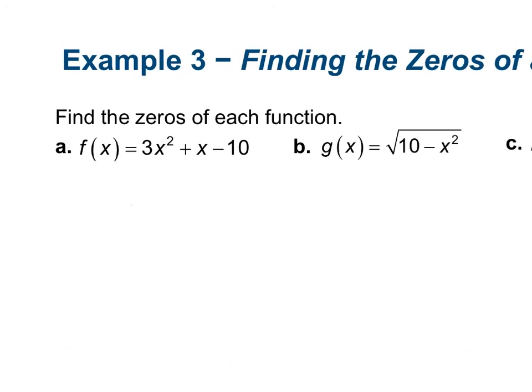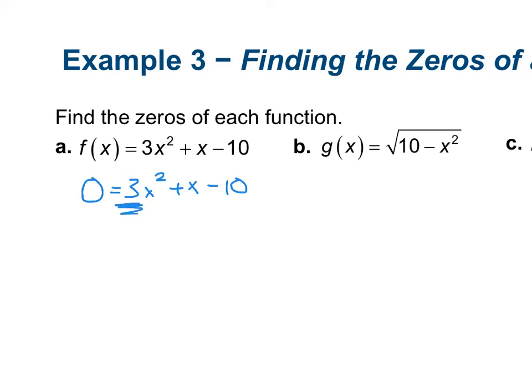So we need to find the zeros of each function. So we change our f of x to be 0, and then we just solve for x. So we have 0 is equal to 3x squared plus x minus 10. Now we just need to find our factors.